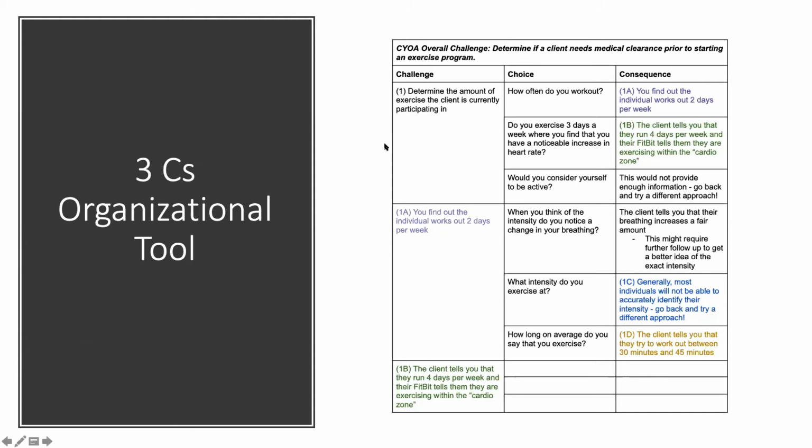Basically you have a table where you have your initial overall challenge, and then you have each subsequent challenge. Choices lead to a consequence, and those consequences can then become your new challenge. And that's where you get the branching. I found that color coding these helped me follow along where I was. I think if you're making a very small Choose Your Own Adventure, this can work really well.